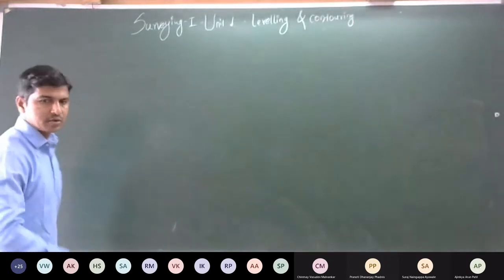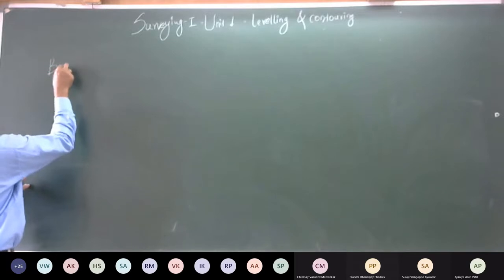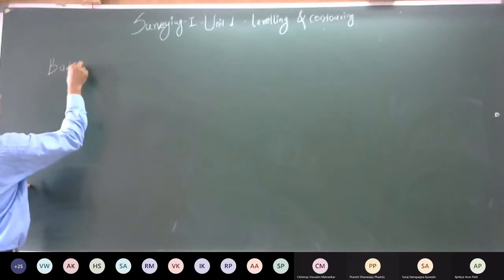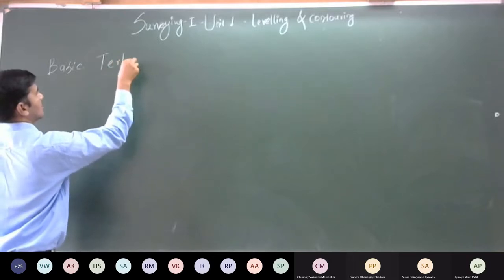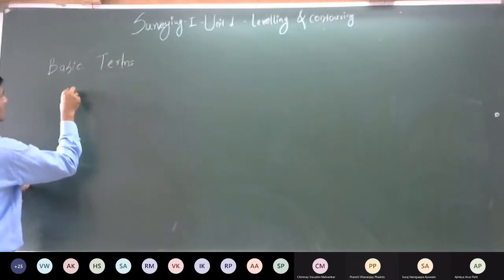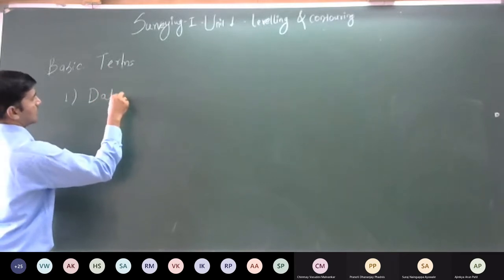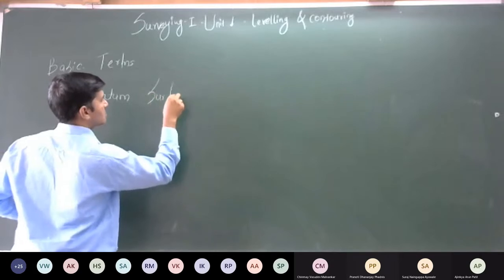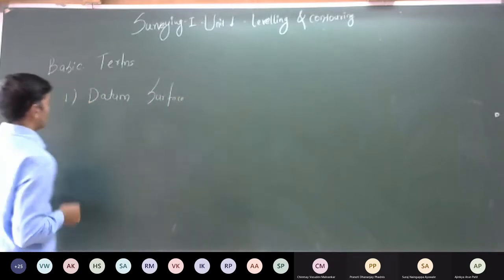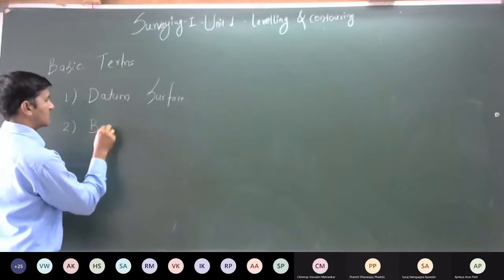Leveling and contouring. Basic terms in this leveling and contouring. First one will be datum surface. Second one will be the benchmark.